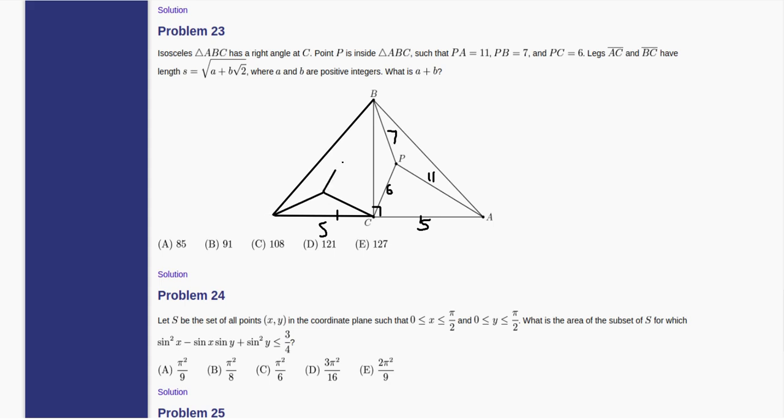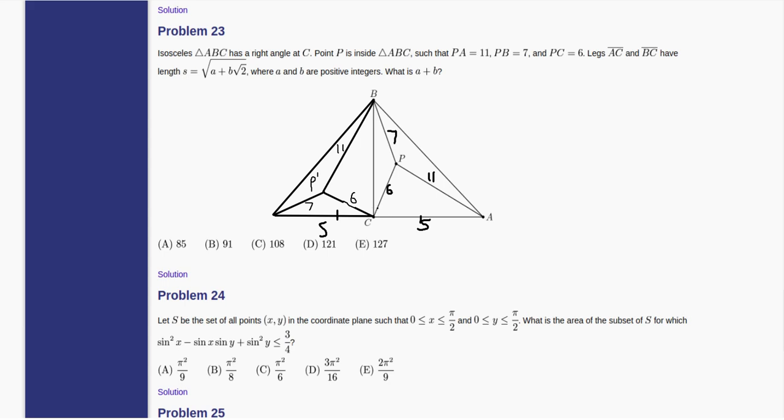So this point P is rotated somewhat like this to another point here. I'll call it P prime. This length is 6, this length is 7, and this length is 11. So it's sort of just flipped around.